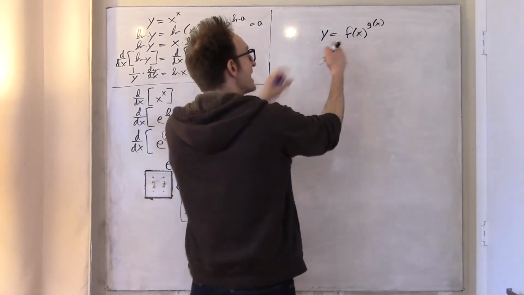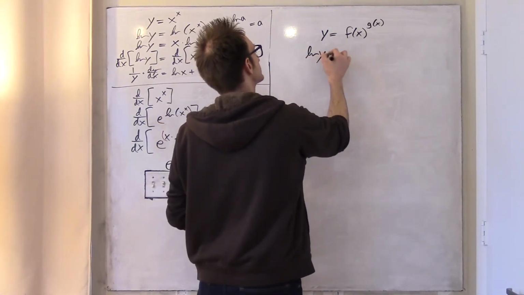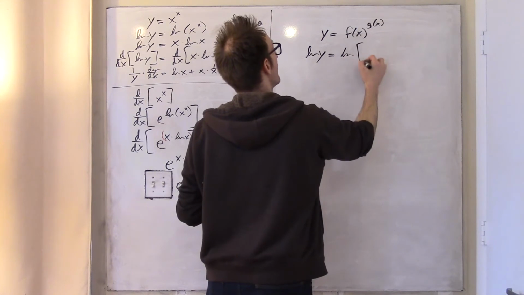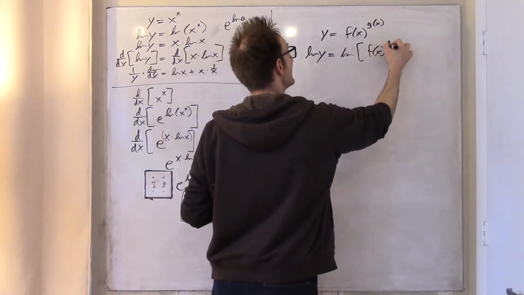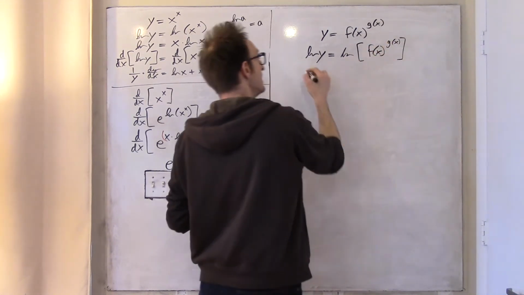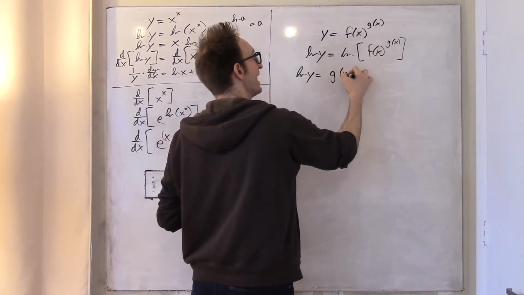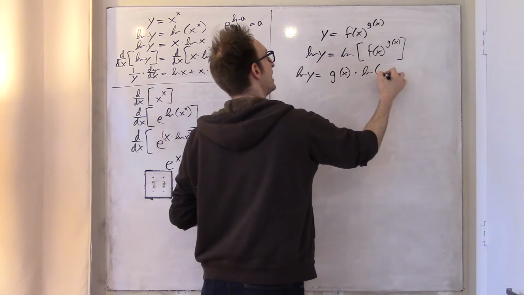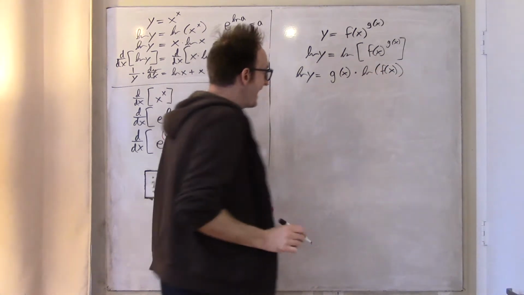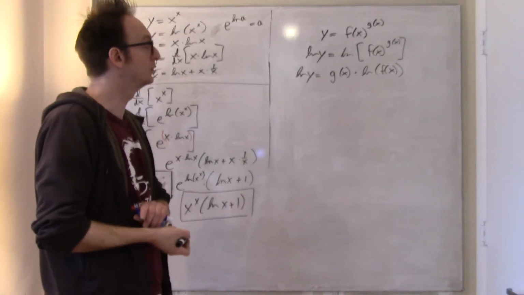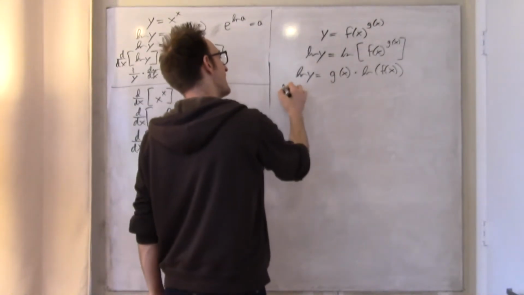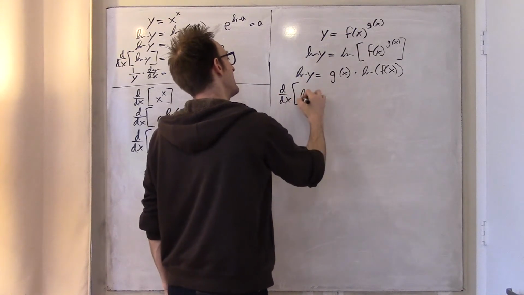So you take the natural log of both sides, and when you take the natural log of f to the g, then you get, by a log rule, g of x times the natural log of f of x. And then you take the derivative of both sides with respect to x.